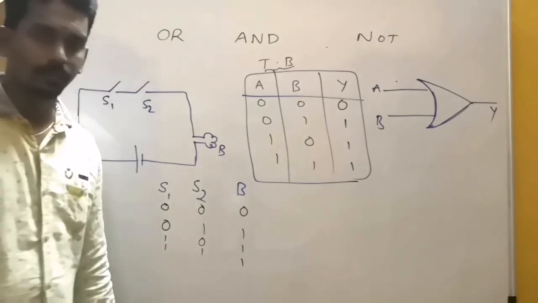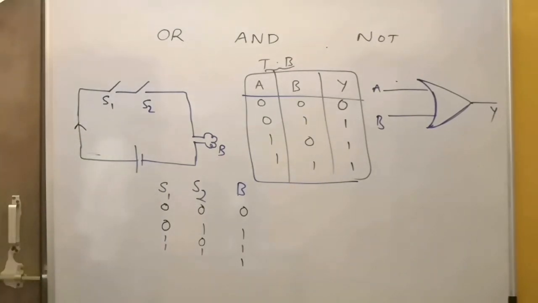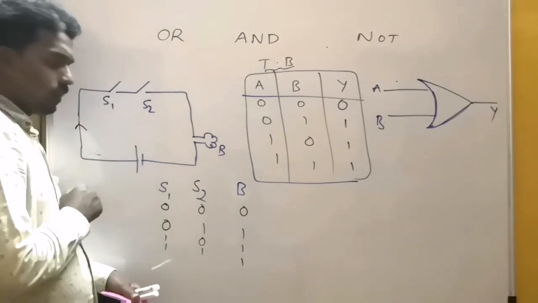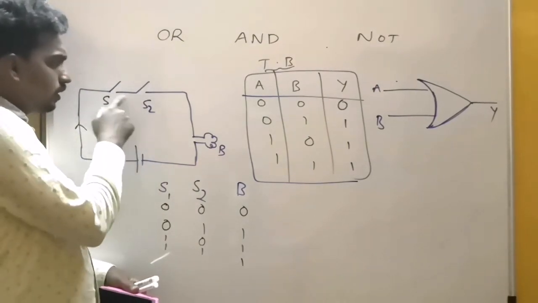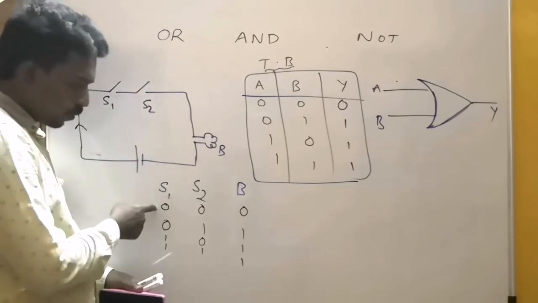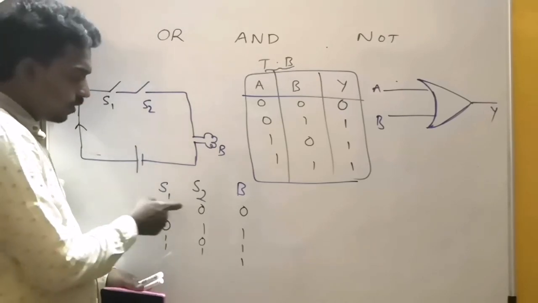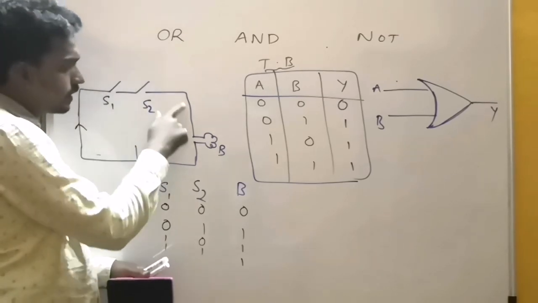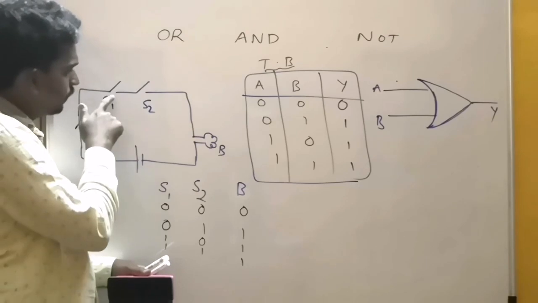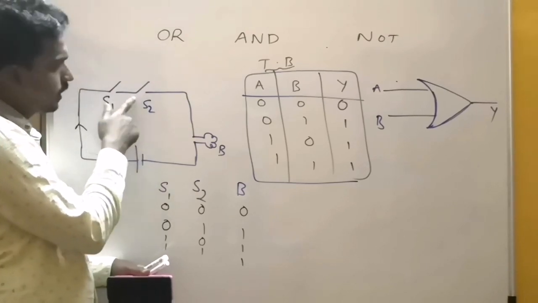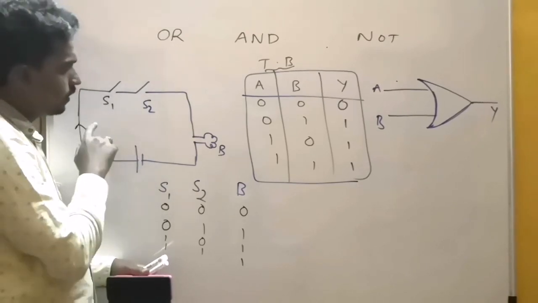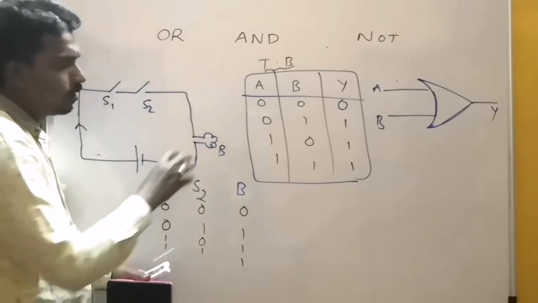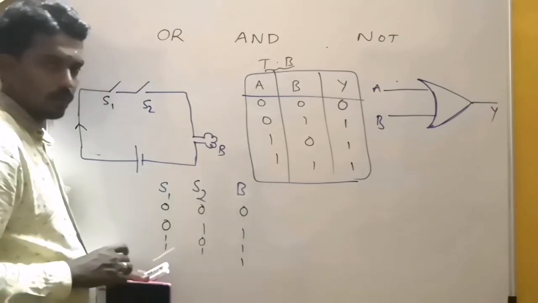Now what happens? If both are open, that means both are 0, 0, then the circuit is incomplete, because if either S1 or S2 is open, the circuit is not closed, no current flows through the bulb, so the bulb will not glow, 0.